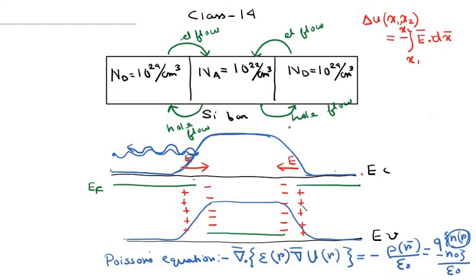Just as I said, electrons would flow from here to here, so that is why the total electron concentration would change. So N of R is the total electron concentration, and N0 was the initial electron concentration that was there when the bands were totally flat. Okay, when no charge transfer had taken place, the electron concentration was N0.